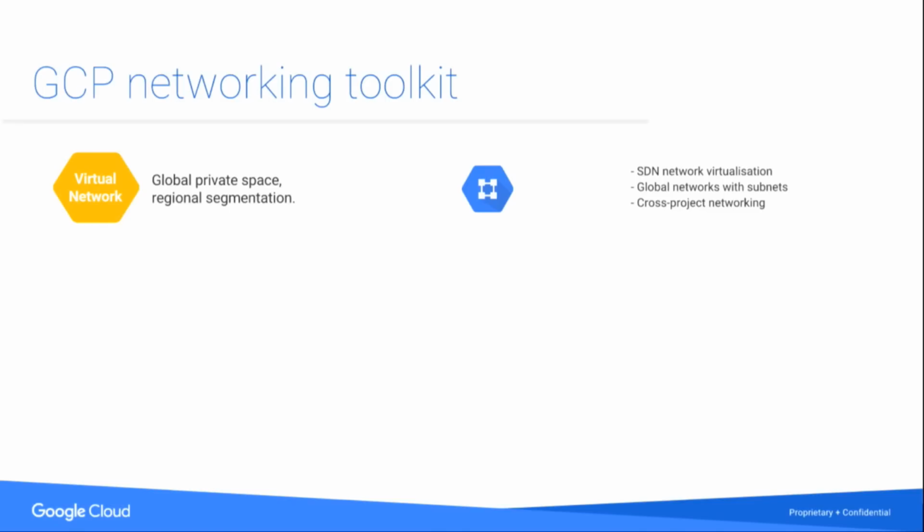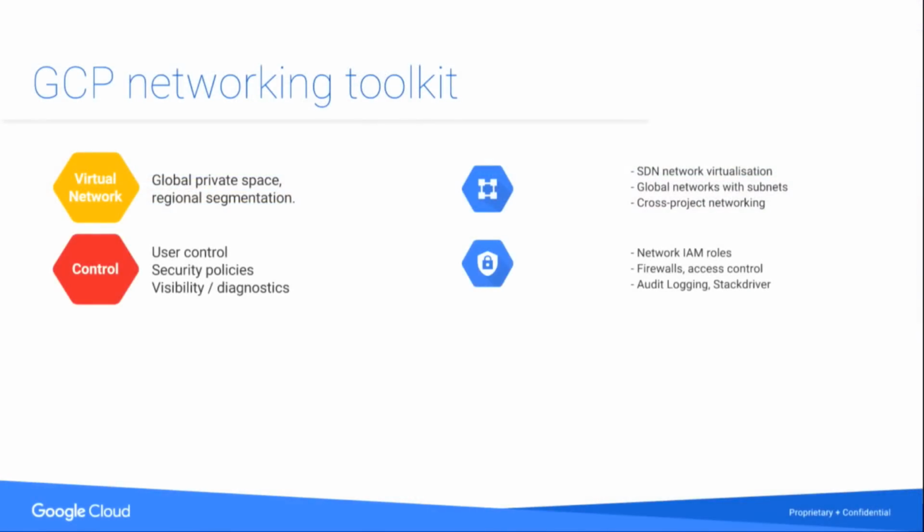As we'll come to in a second when I go through an example, networks are by default restricted to an individual project, and nothing outside of that project can get access to those resources on the network. If you do have scenarios where you want to allow access from other projects or even other organizations, you can deploy cross-project networking to allow for this.